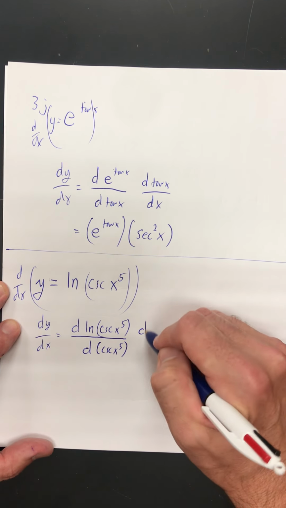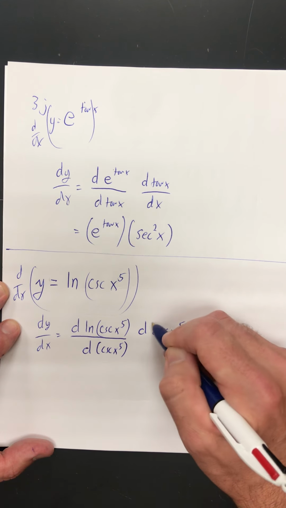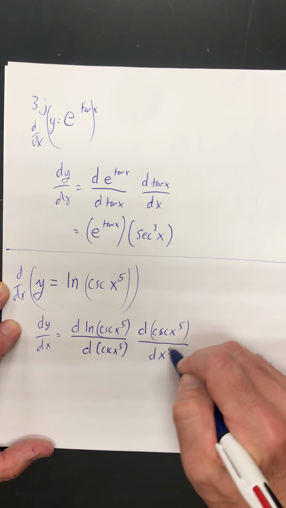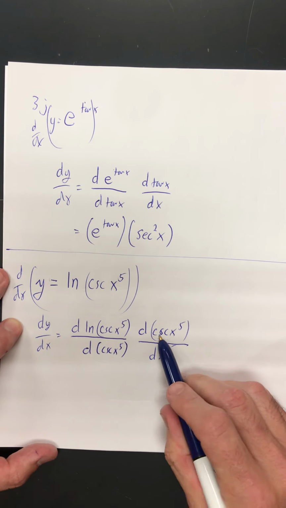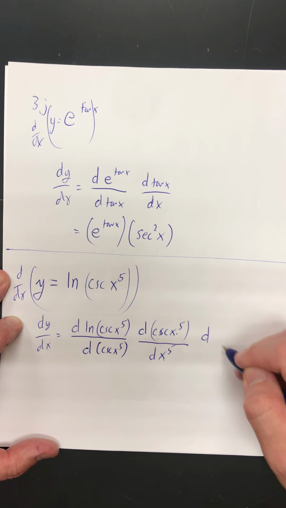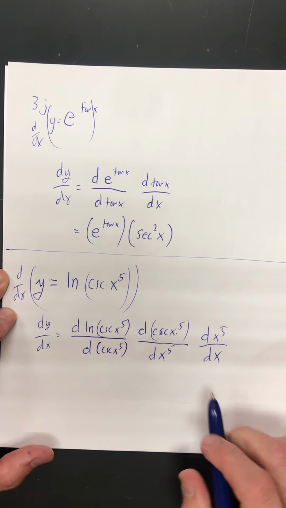That's weird. And the next thing here is d cosecant x to the 5th, right? And then I want to do this with respect to x to the 5th because I have a rule for cosecant of something. So with respect to something, that works. And then d x to the 5th with respect to x. That's what I need to get to.